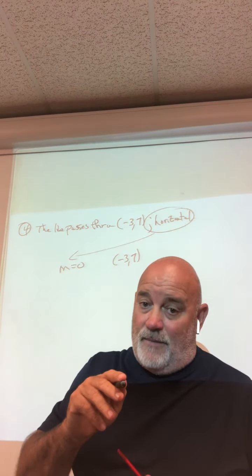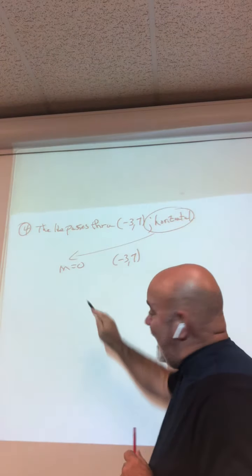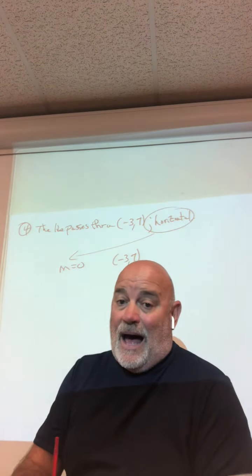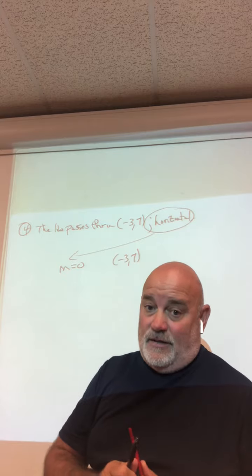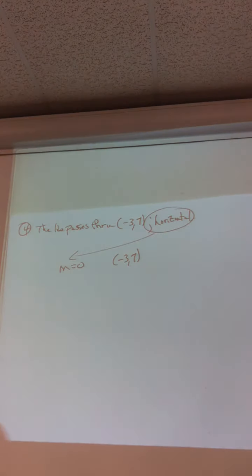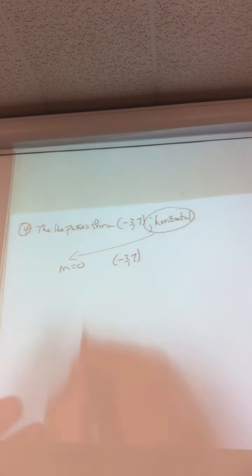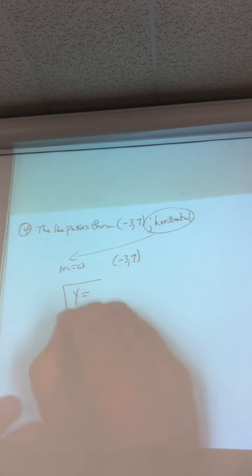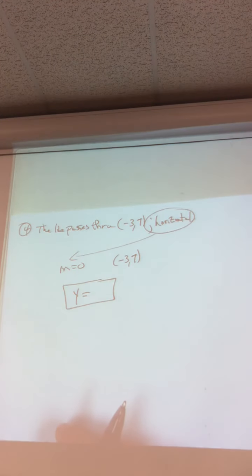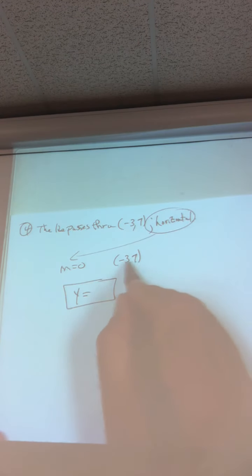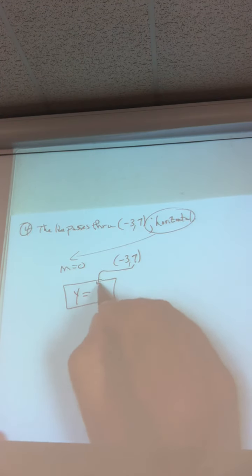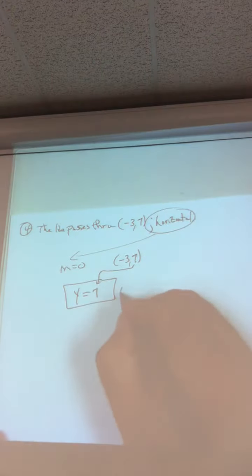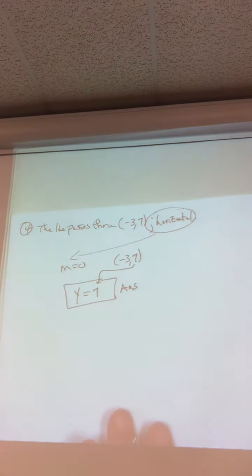It's just a Y. So, my answer is going to have a Y in it, and it ain't going to have an X in it. So, the answer to this problem is Y equal some number. It's not going to have an X in it. Now, look at your ordered pair. What is Y in your ordered pair? It is 7. That's your answer to that problem.